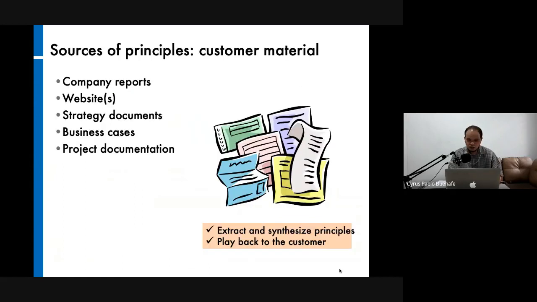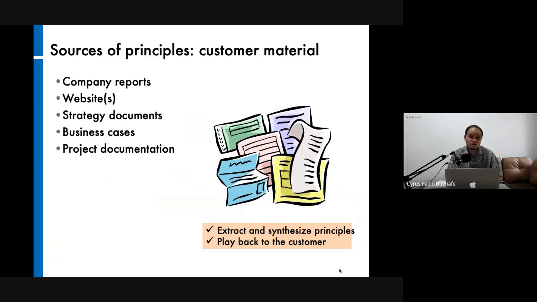Now, what could be sources of principles? Customer material: their company reports, whatever is placed on their websites, strategy documents, business cases, project documentation. You can try to derive what those principles are from these materials. A lot of these materials are publicly available, so they're not really confidential.